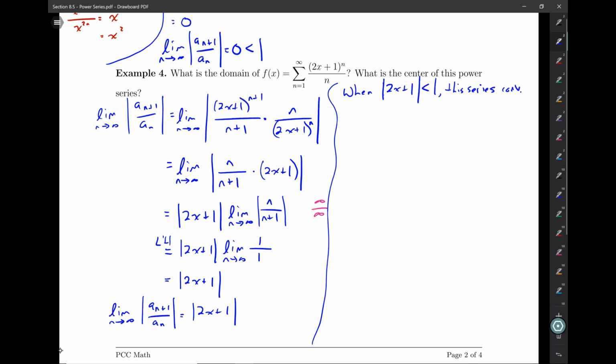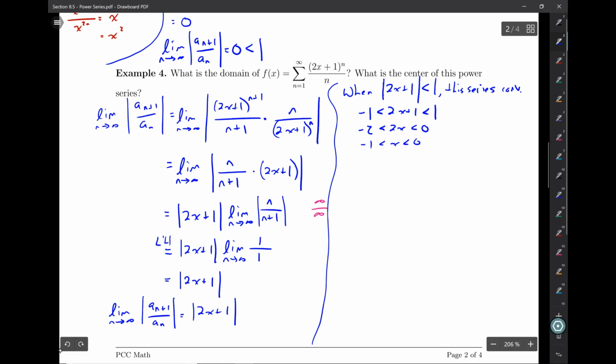Again, I mentioned that you should have some comfort switching between absolute value inequalities and some nested inequalities. If not, I would definitely recommend getting a little bit of practice with that. But here we go. The absolute value of 2x plus 1 is less than 1 is the same as the nested inequality: negative 1 is less than 2x plus 1, which is less than 1. When we solve this inequality, we can subtract 1 from all three of these pieces. We get negative 2 is less than 2x is less than 0. And when we divide everything by 2, we get negative 1 is less than x is less than 0.